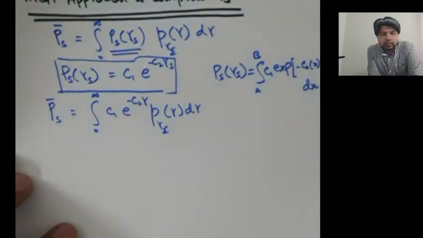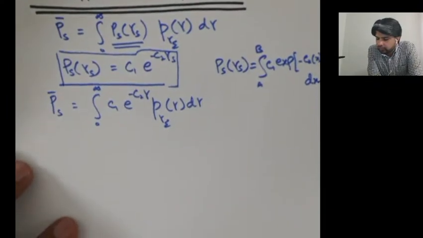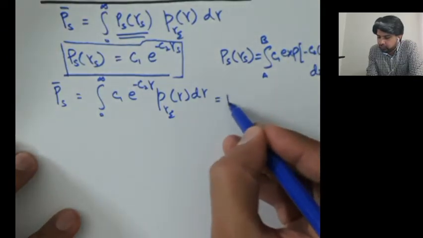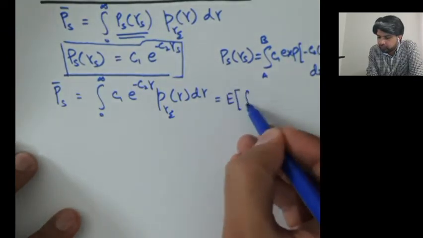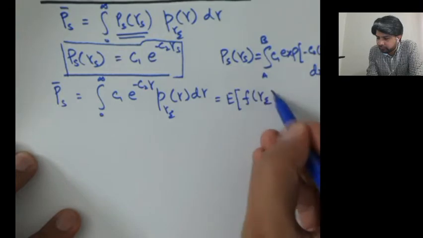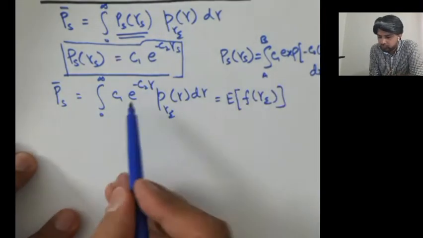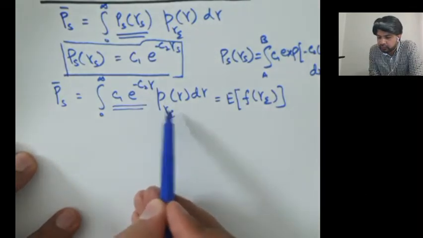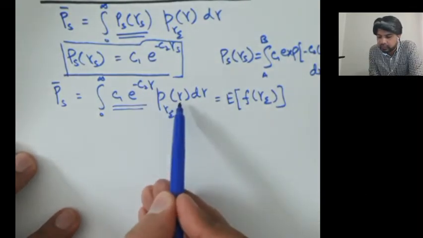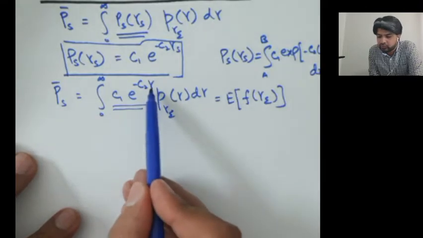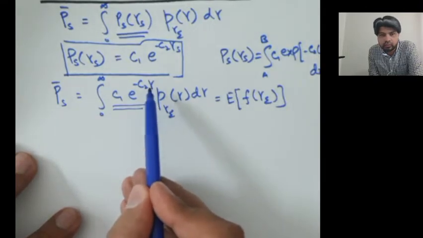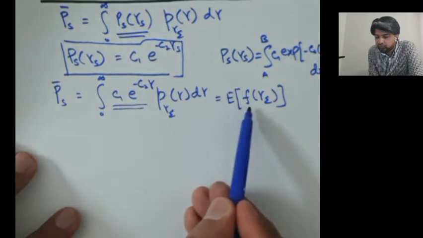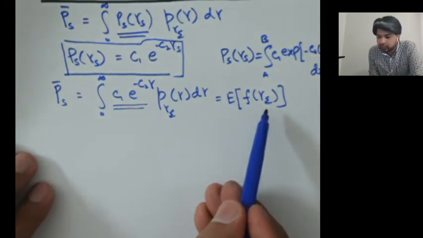You can think of this as an expected value of a function of gamma_sigma. Remember, this gamma is the gamma you would get at the combiner output, so gamma_sigma would be gamma_1 plus gamma_2 all the way to gamma_M.